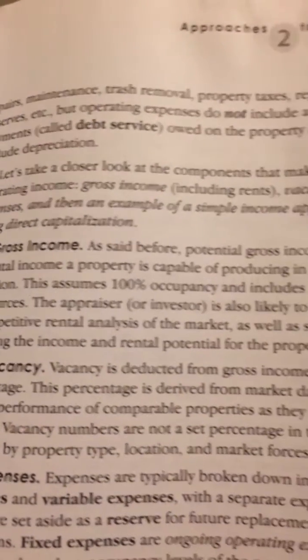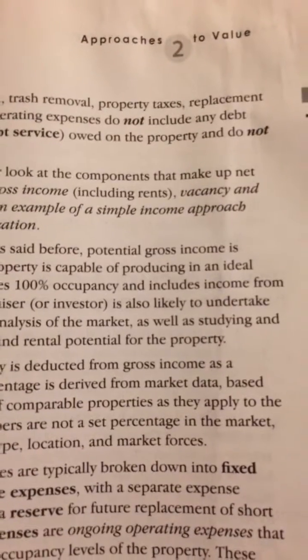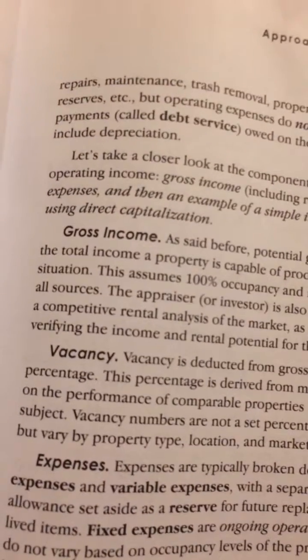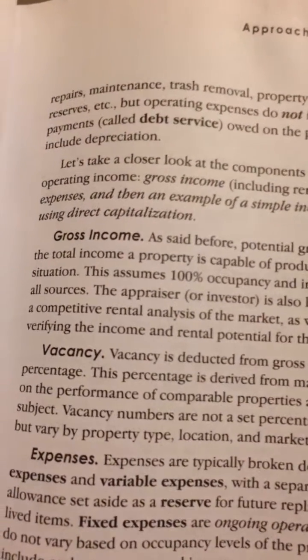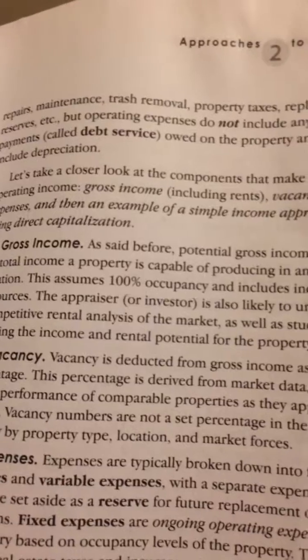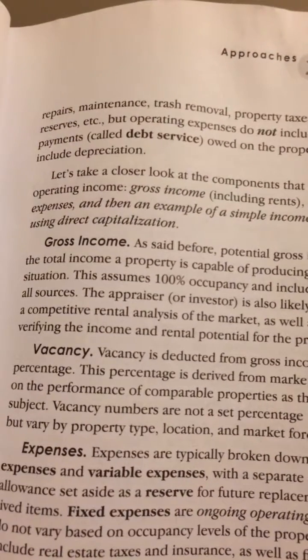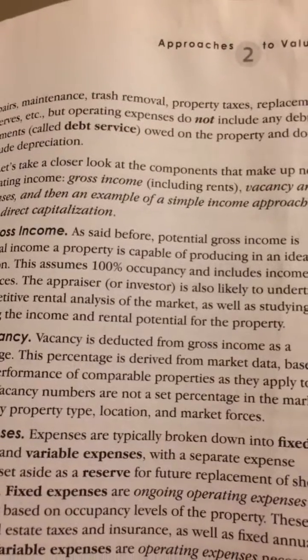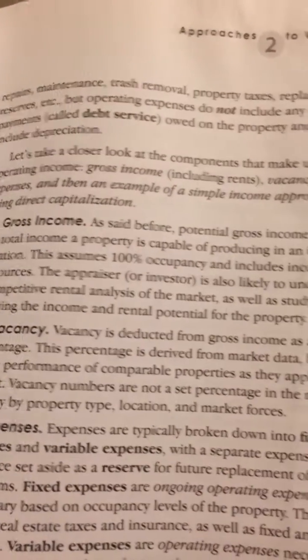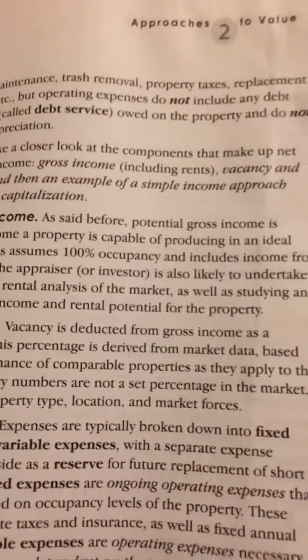This assumes 100% occupancy and includes income from all sources. The appraiser or investor is also likely to undertake a competitive rental analysis of the market, as well as studying and verifying the income and rental potential for the property.